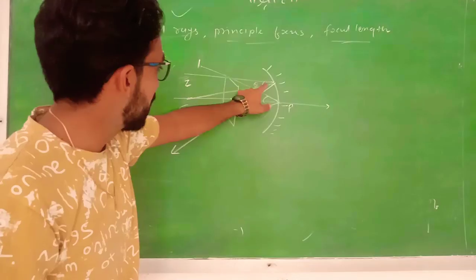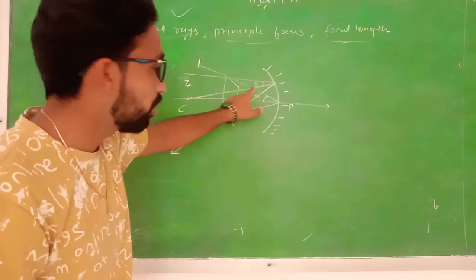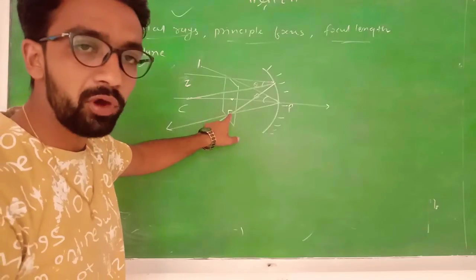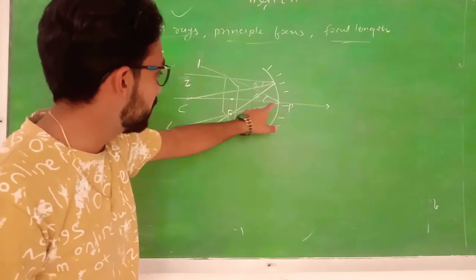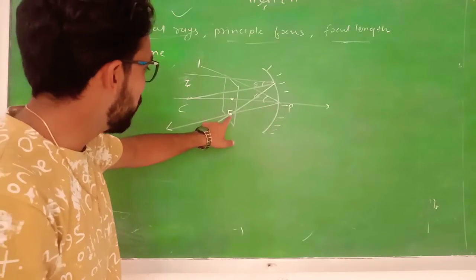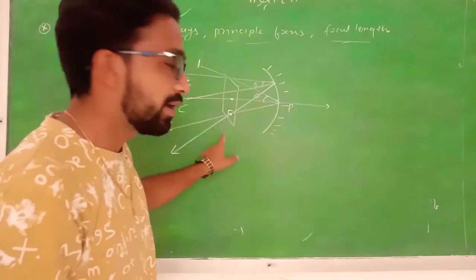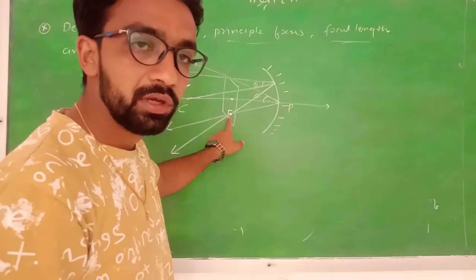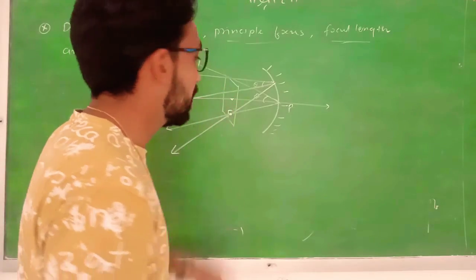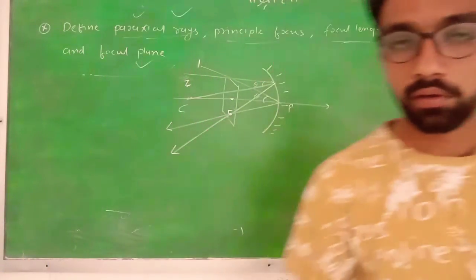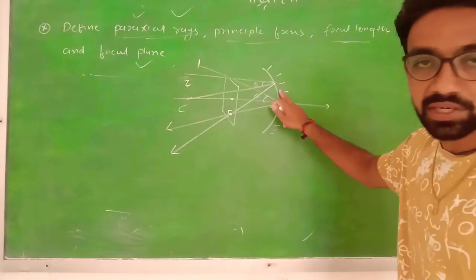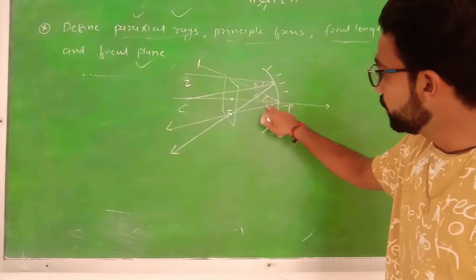Similarly, the ray making some angle theta with the normal, after the reflection also passes through the same point on this plane, which is passing through the principal focus. So this plane is known as the focal plane.